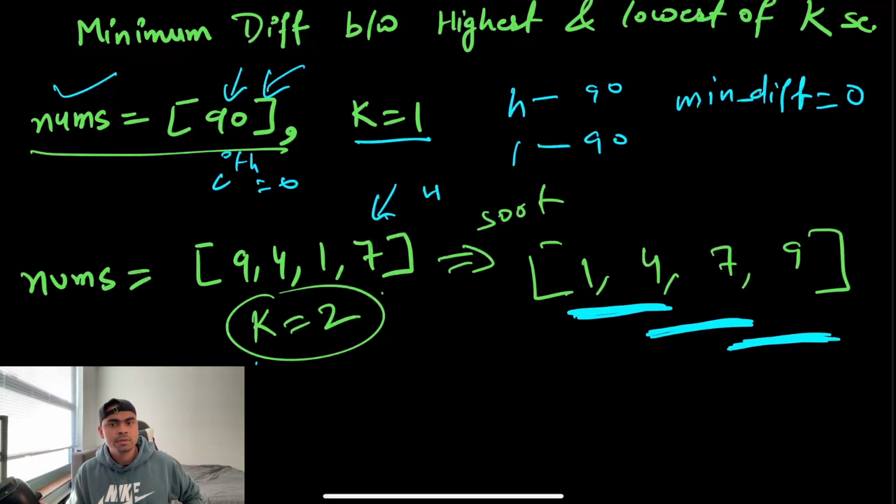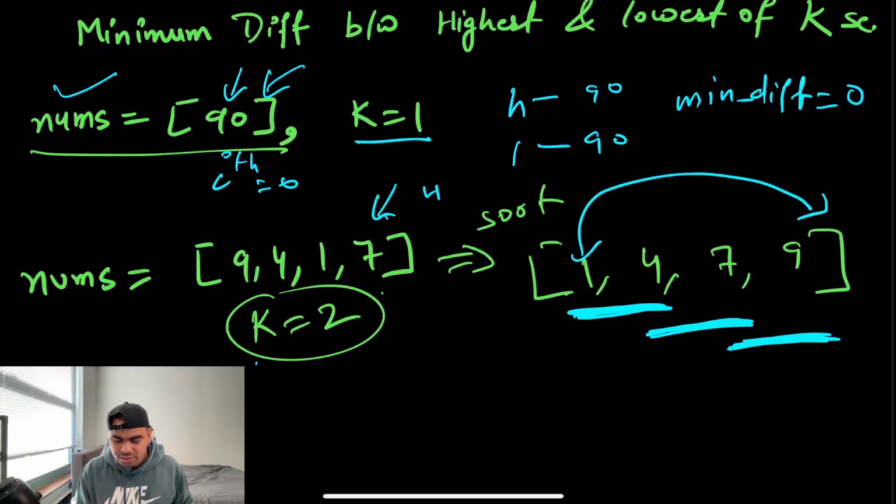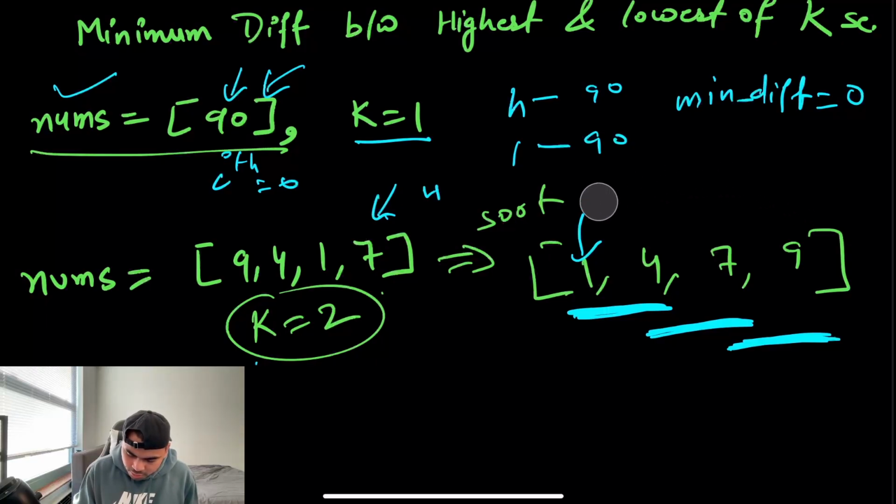Here, I don't have to choose these two. Why? These will give me the maximum difference of two students, so I don't want to take these. I want to take the closest values, and that too in the sorted array.